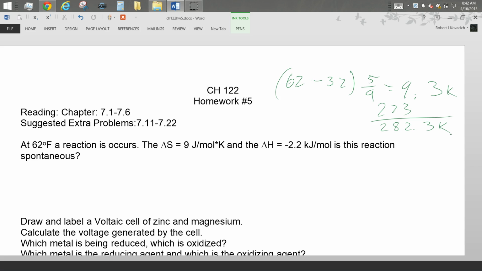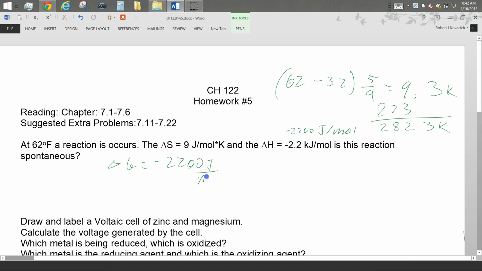Kilojoules. Yeah. I convert this to negative 2200 joules per mole. And so then delta G will be equal to negative 2200 joules per mole minus 282.3 K times 9 joules per mole. Okay.